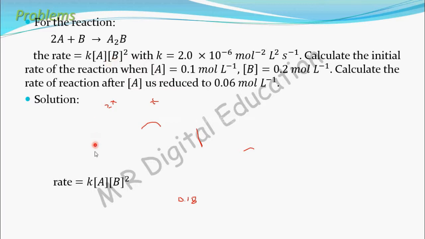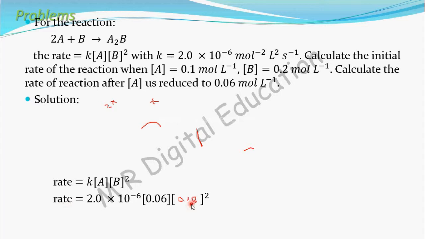Write down that rate law and substitute the value of K and concentration of A, that he gave 0.06, but you don't know the concentration of B. This is the initial concentration, but when the concentration of A is reduced to 0.06 mole per liter, you don't know how much is the concentration of B. If you know the concentration of B, then you can calculate the rate. So let's try to find out this concentration of B.